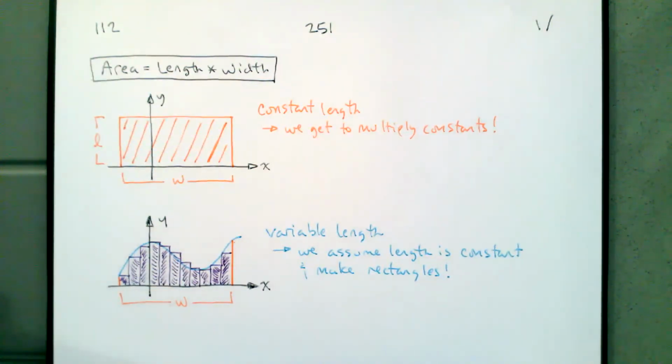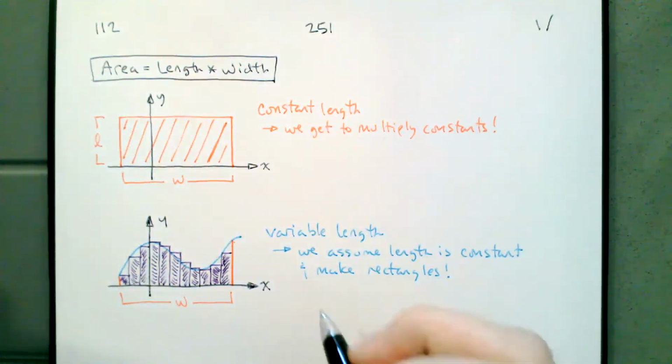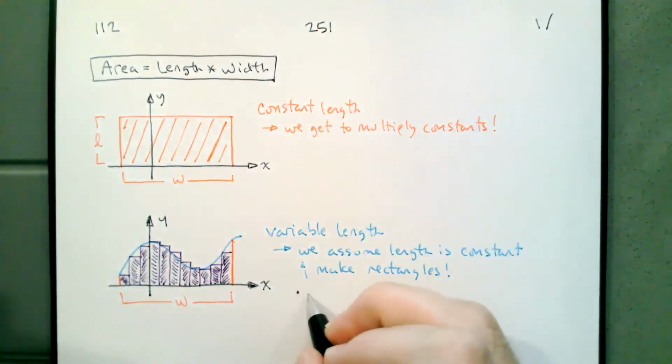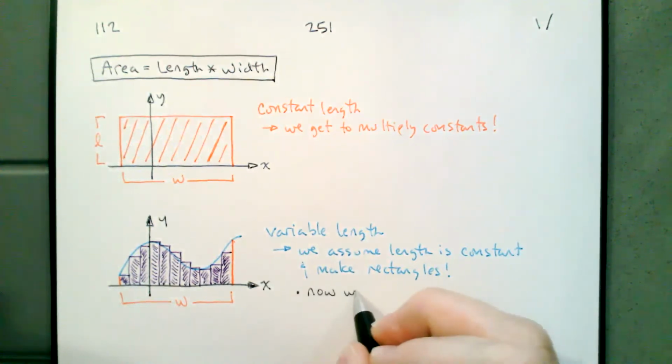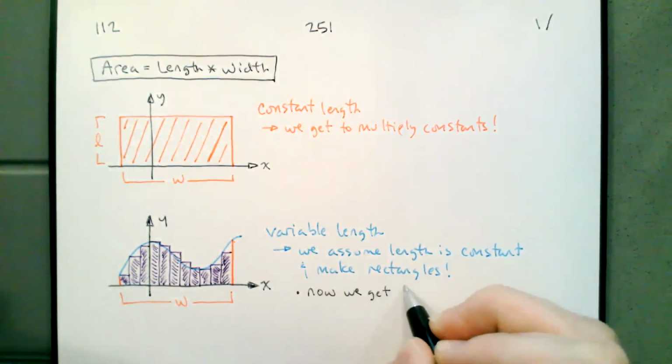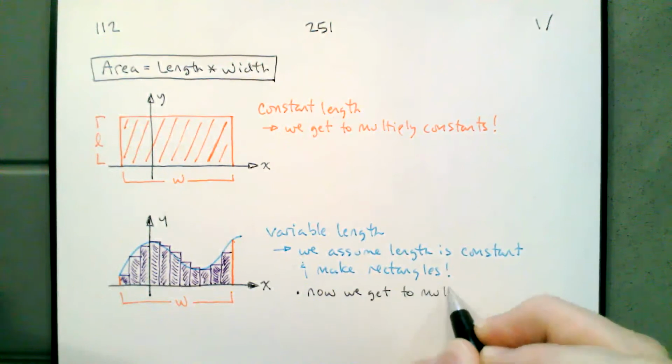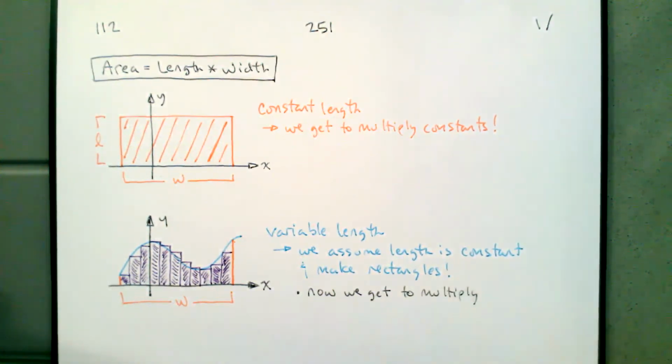So once we assume length is constant and make rectangles, now we get to multiply, then we have to add up the areas of the rectangles. So now we get to multiply, but we have a bunch of areas of rectangles.